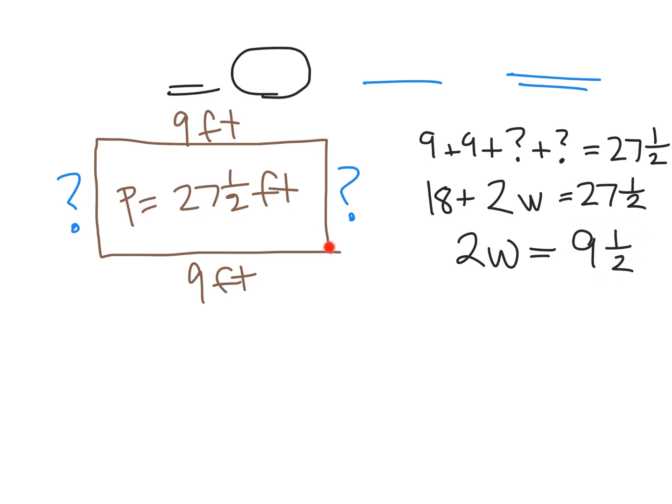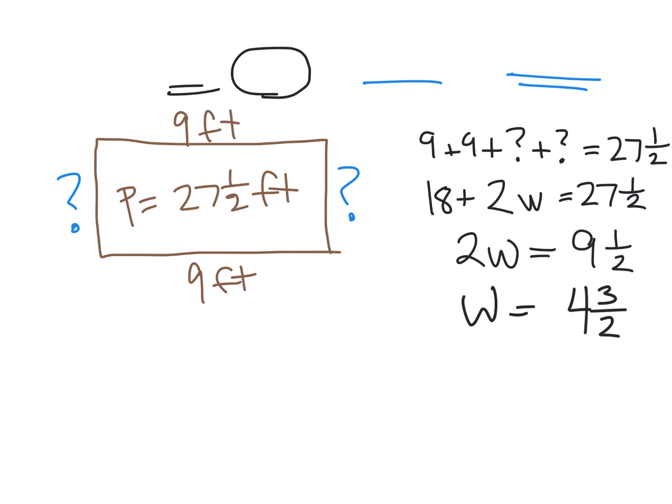And so that means this width plus this width has to equal 9.5. So I have to cut this into two equal-sized pieces because that's this width plus this width. So if I cut that in half, I'm going to get 4 3/4.